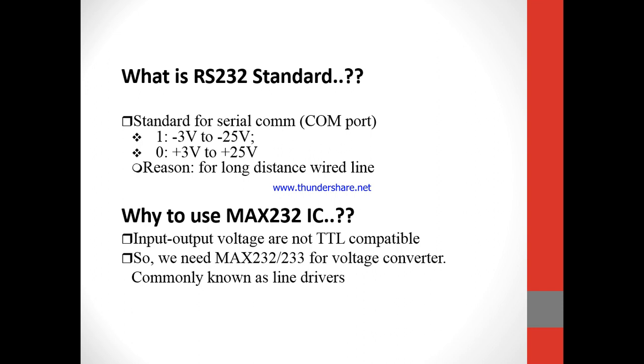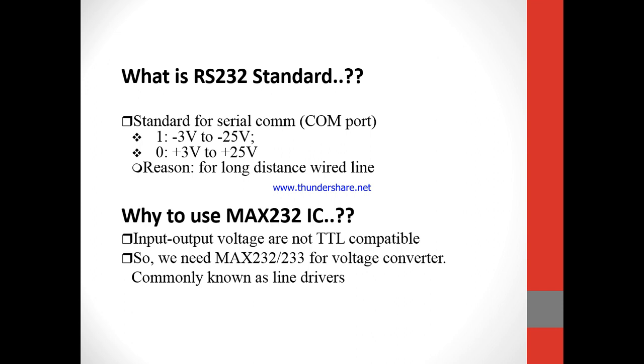Now why do we use this MAX232 IC? The basic reason is that the RS-232 logic voltage levels are not compatible with the TTL logic of the computer which we use. Logic 0 and logic 1 have different voltage levels.